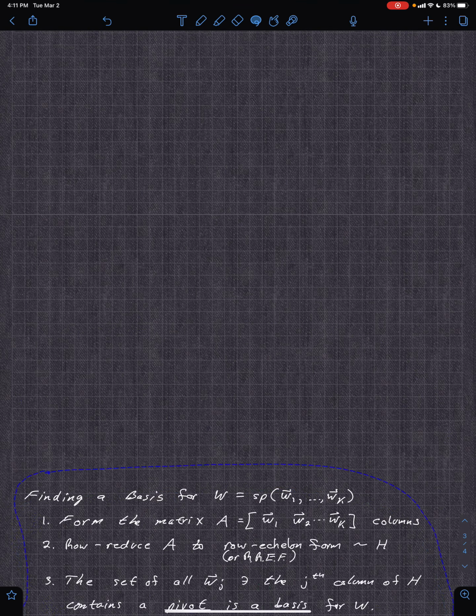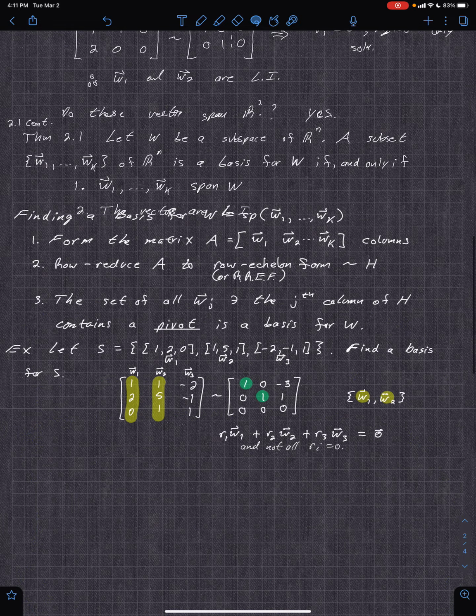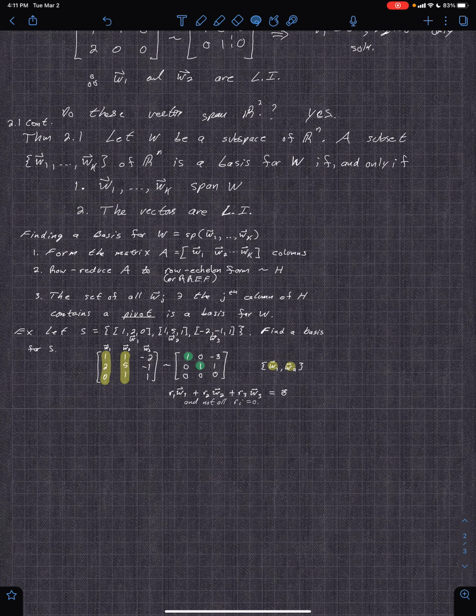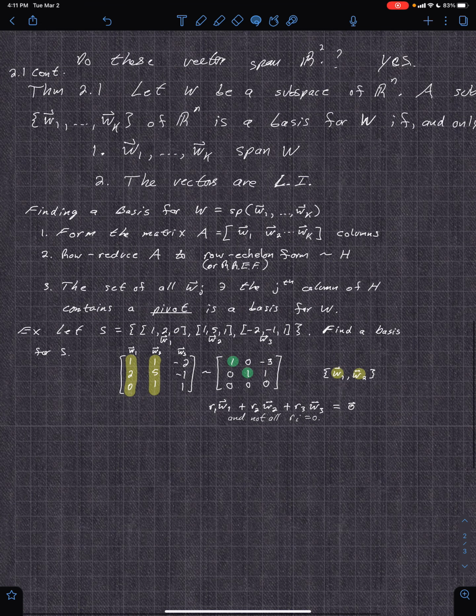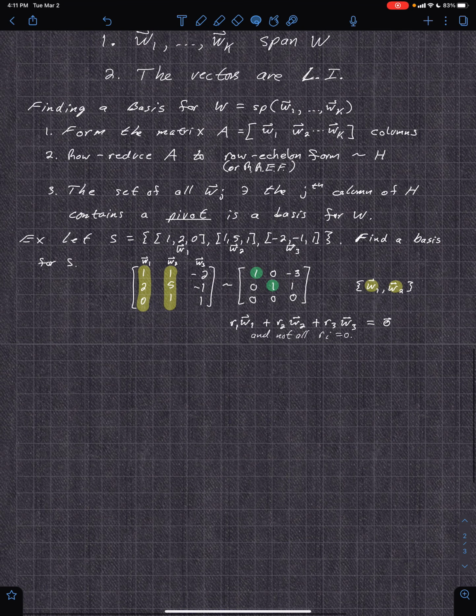Copy this in, and I'll shrink it down so it fits. This is the procedure we do to find a basis for W, which is the span of these vectors. If you have a bunch of vectors and you want to find a basis for W, this is what you do. And we've already done this, basically.